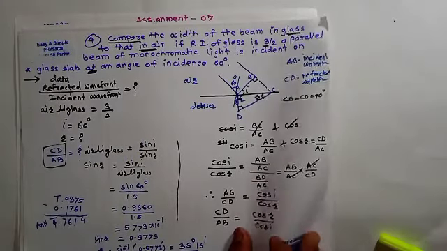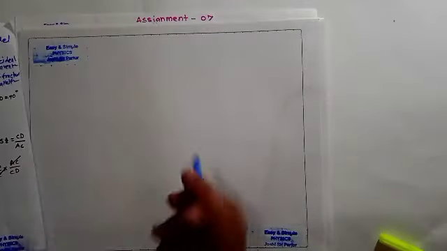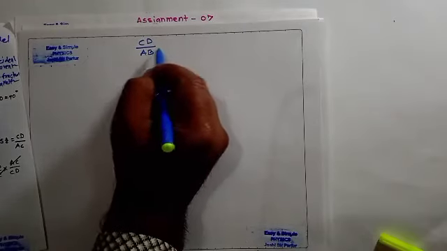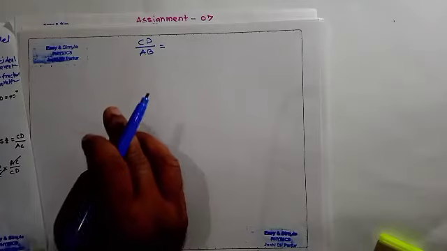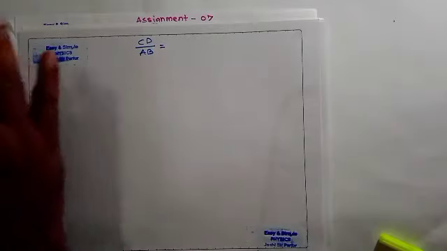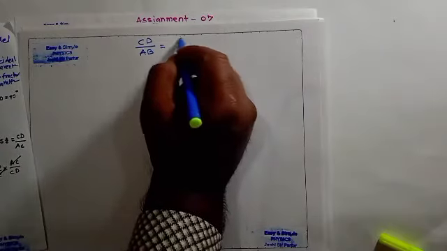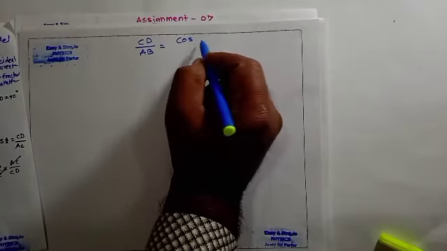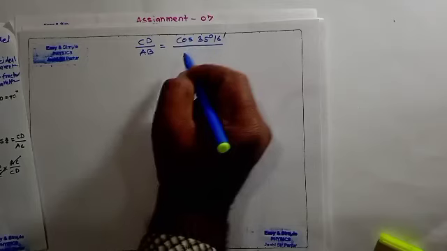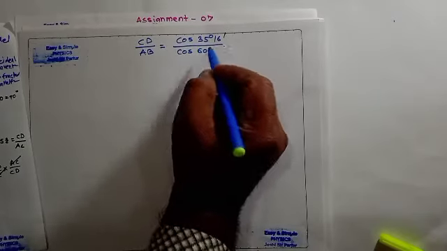If we substitute the value of R and the value of I, here CD upon AB, that is refracted wavefront upon incident wavefront, or width of beam in glass upon width of beam in air, it will be cos of 35 degree 16 minute divided by cos of 60 degree.